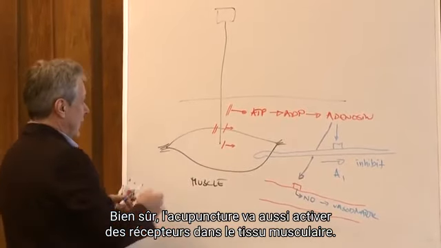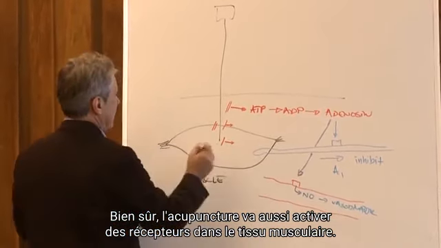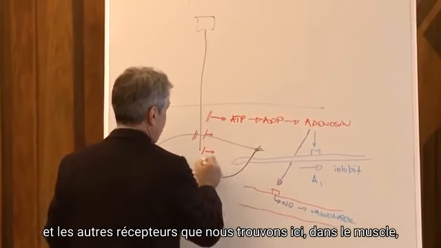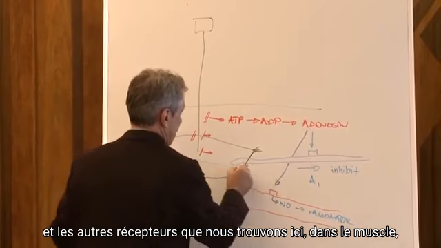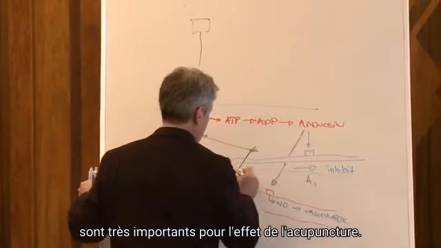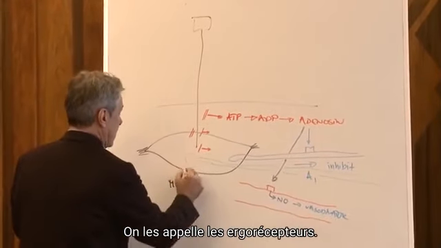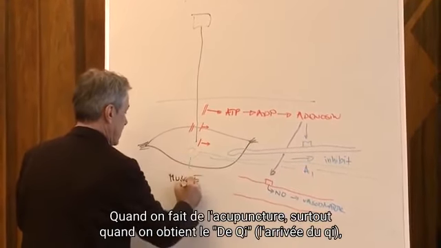Of course, the acupuncture needle is also going to activate receptors in the muscle tissue. And the other set of receptors that we find here within the muscle tissue, and likely very important for the acupuncture effect, are receptors that we call the ergoreceptors.